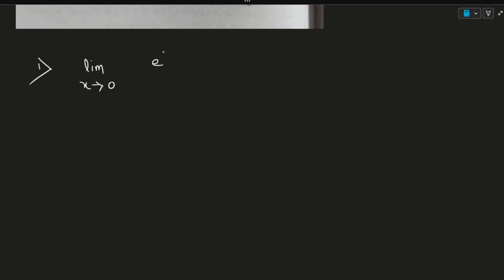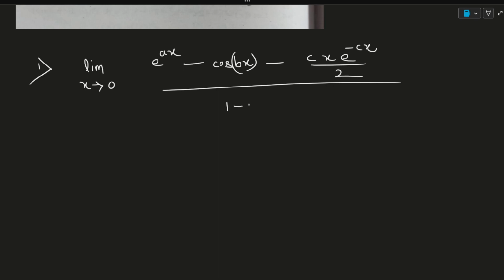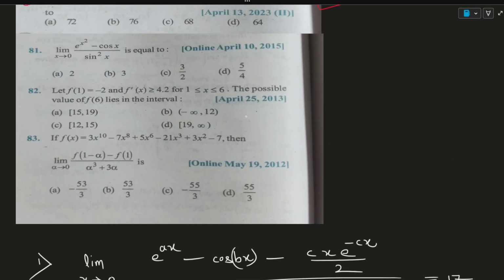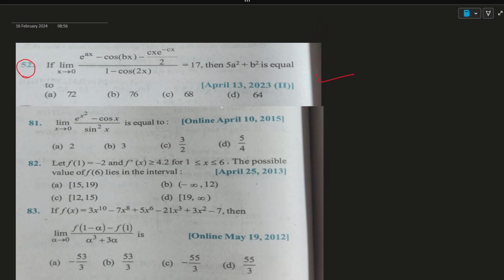Limit x tends to 0, e to the power ax minus... Okay, so it is given 70. तो ये डाटा हमें क्वेश्चन में गिवन है और क्वेश्चन तो हमें इवालुएट करना है.